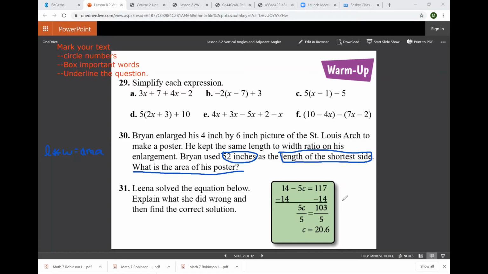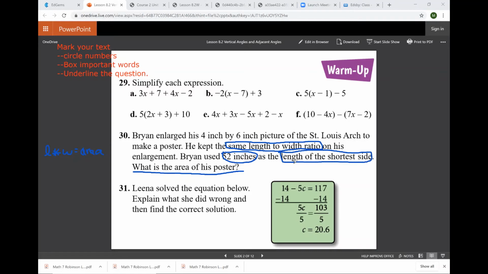How could I figure that out? Well, it says he kept the same length to width ratio for the enlargement. So I'm a box that. Same length to width ratio. Ratios, I remember ratios, that was the beginning of the year, okay?